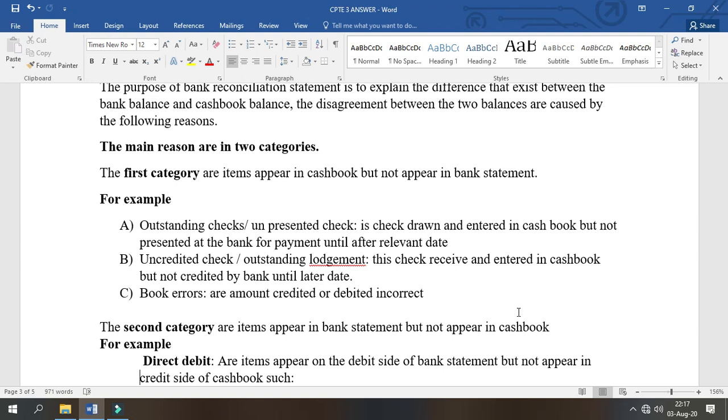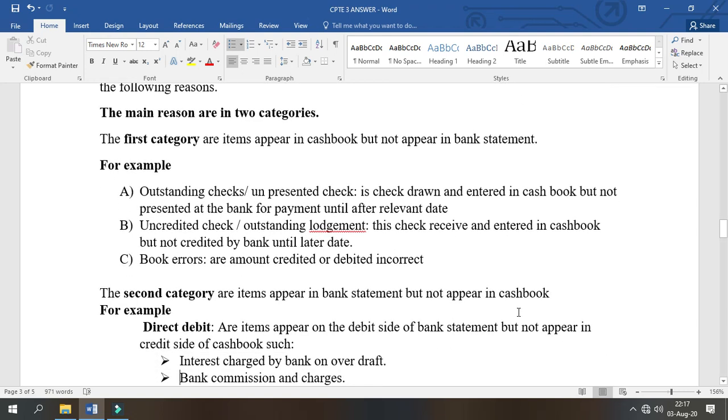For example, of those items we have interest charged by the bank on overdraft. It is possible that the bank charges its customers interest on the overdraft until the date of the bank statement. The customer has not recorded those interest charges.